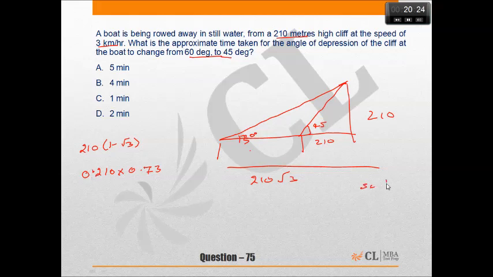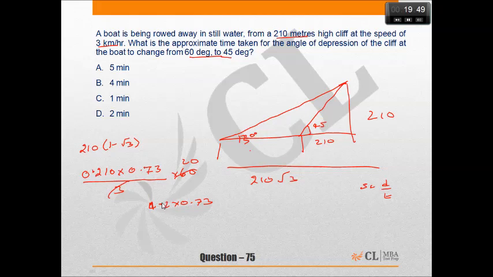Speed is equal to distance upon time, so the time taken will be distance upon speed. Speed is 3 kilometers per hour, and this is hours, so into 60. So it becomes 20 into 0.2 into 0.73. So it should be less than 3 minutes. Around 3 minutes.